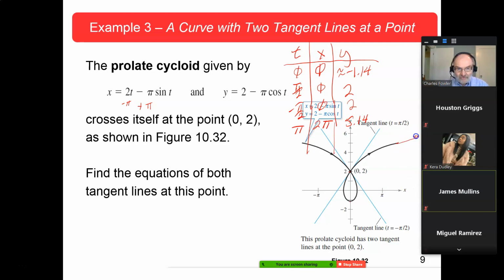So this is where it's going in this direction. So obviously here it came from here, it came from here. Let's see if it came from back there. Let's do t equal negative pi.